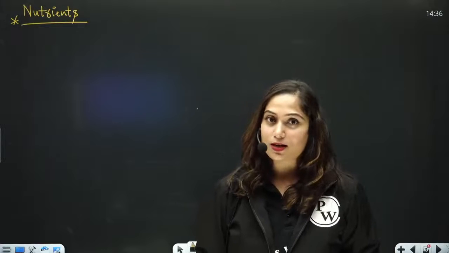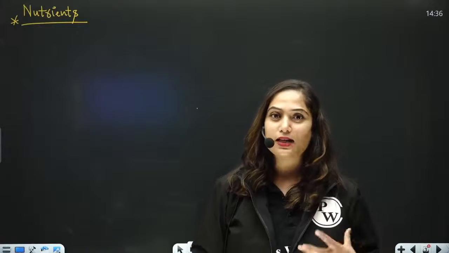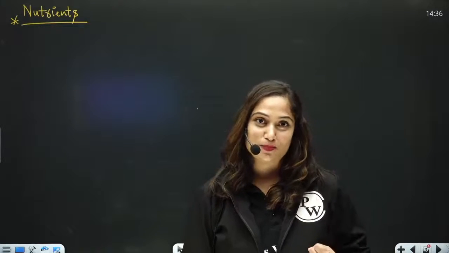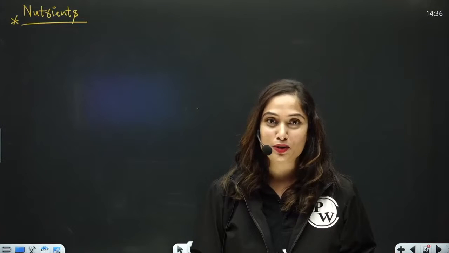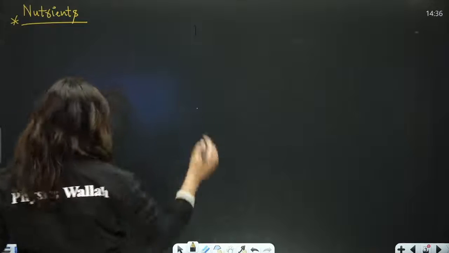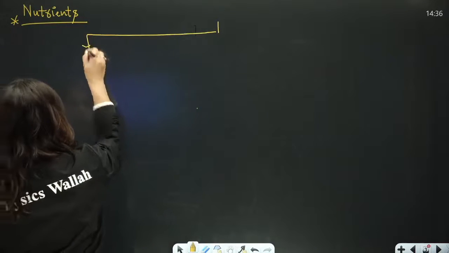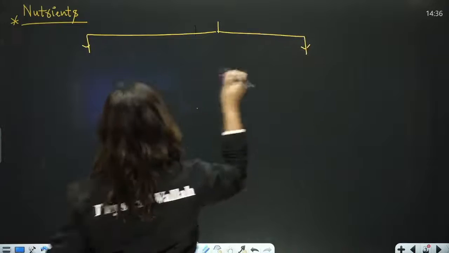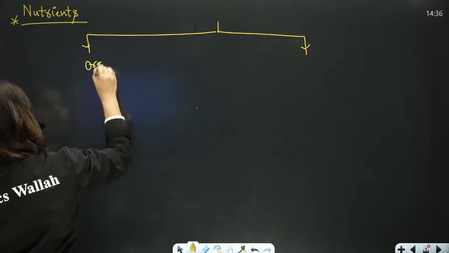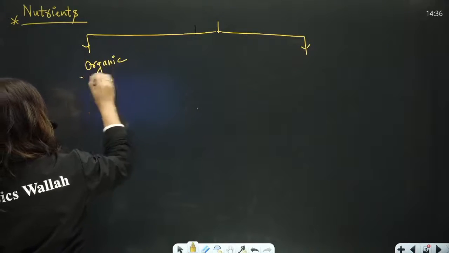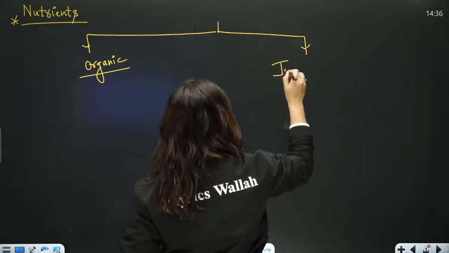That means, what are nutrients? Nutrients are the compounds which are essential for any plant to grow, right? And these nutrients can be of two types: organic nutrients and inorganic nutrients.